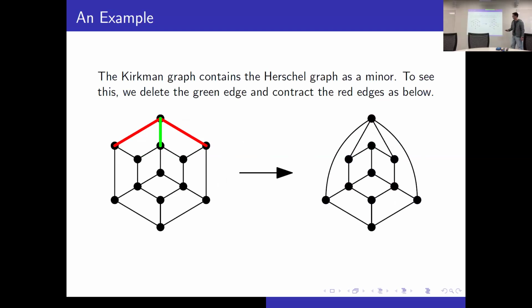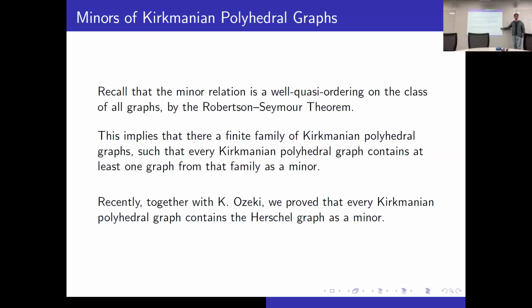So our results actually unify a couple of results. One of them is that the Herschel graph is the smallest Kirkmanian polyhedral graph in terms of both the number of vertices and the number of edges. So actually, this can be a corollary of our result, because every graph in this class has the Herschel graph as a minor.